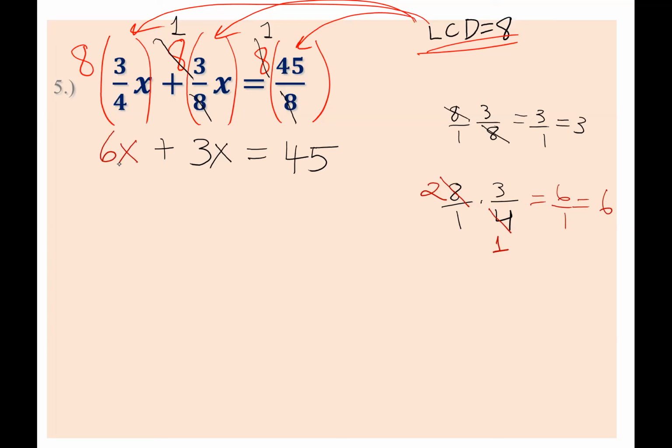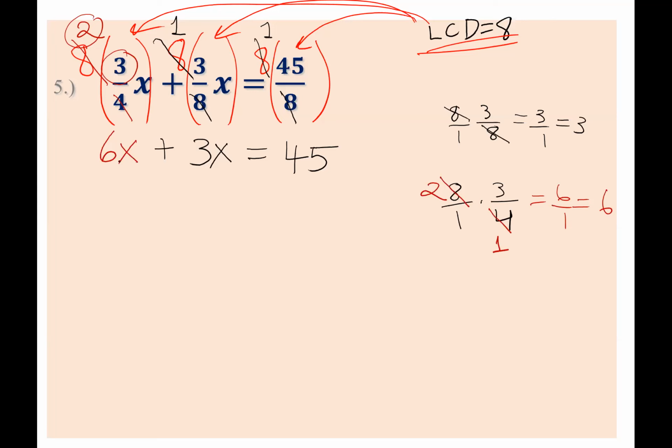Okay, that's a lot. It's easier from here to the end of the problem. So once again, here's what we did. We looked at our 3 fractions. They had denominators of 4, 8, and 8. The common denominator is 8. I'm multiplying each term by 8. In each case, the 8 canceled out the denominator. With the first term, 8 divided by 4 is 2, and then 2 times 3x is 6x.